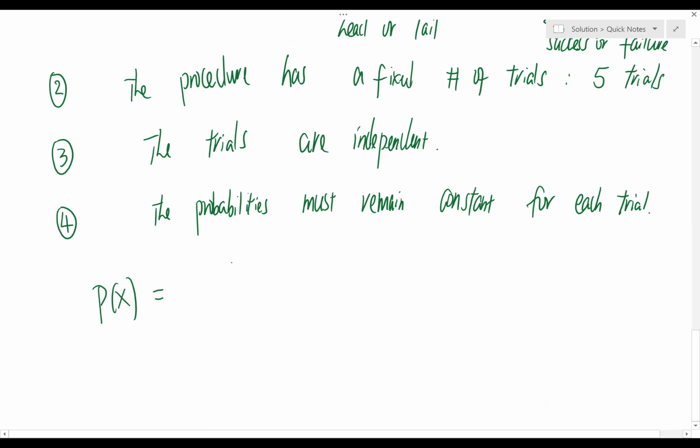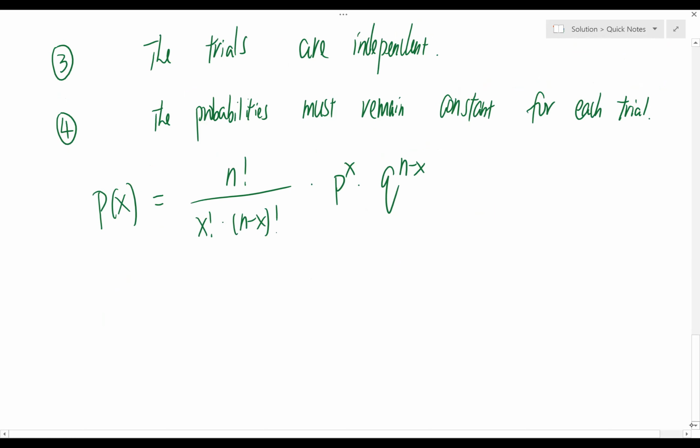So it's going to be n factorial over x factorial times n minus x factorial, times p to the x and times q to the n minus x. And here, let me explain all this. You can also write it as nCx. This is a combination here, nCx times p to the x times q to the n minus x.